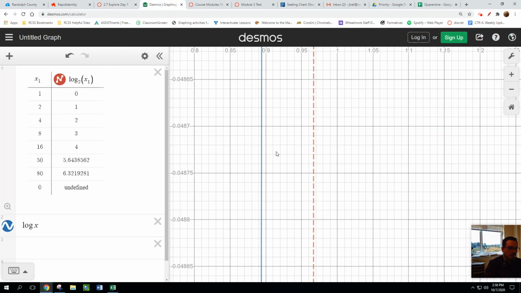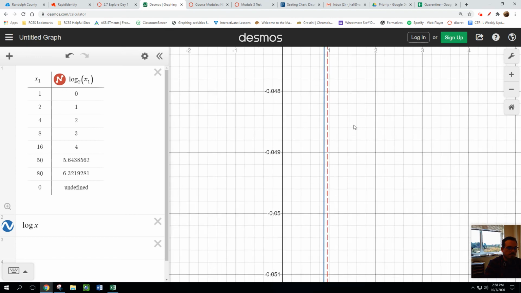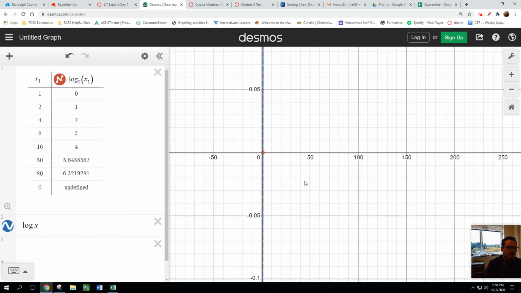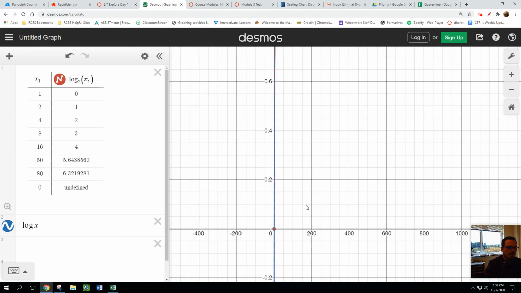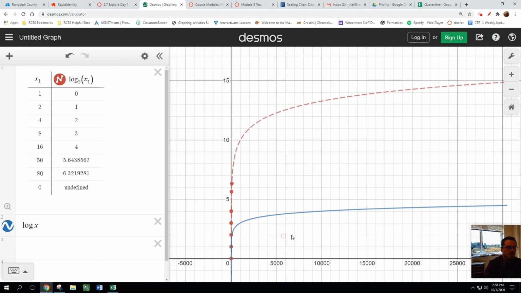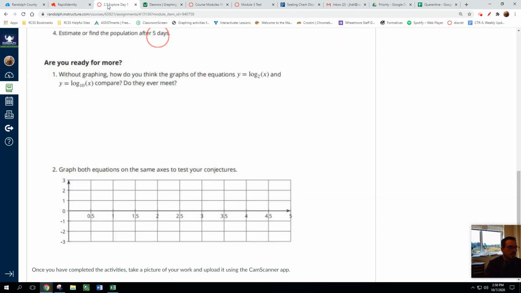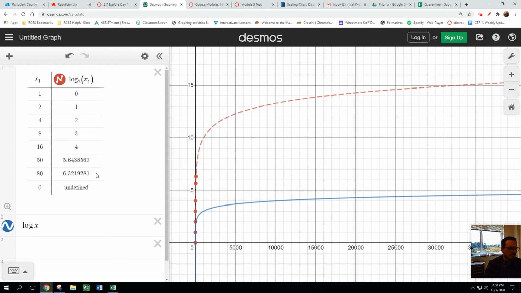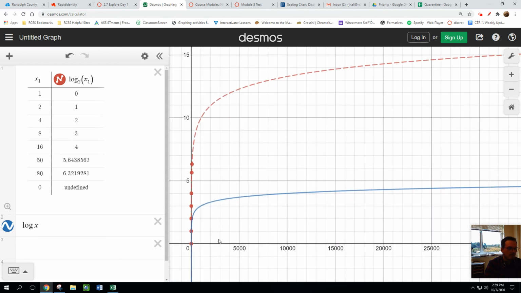Okay, they're both here. I'll zoom out enough for us to see that graphically. There you go. And it looks like on yours, it's increasing up and down a little bit at a different rate than what mine was.